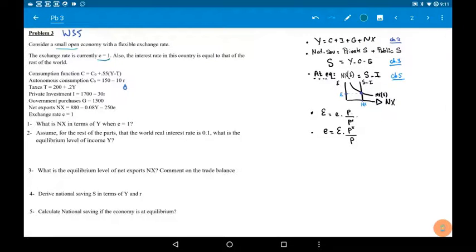The consumption function is the following, autonomous consumption is the following, and taxes are the following. Let's unite all three in one consumption function. C equals 150 minus 10R plus 0.55Y minus 200 plus 0.2Y.